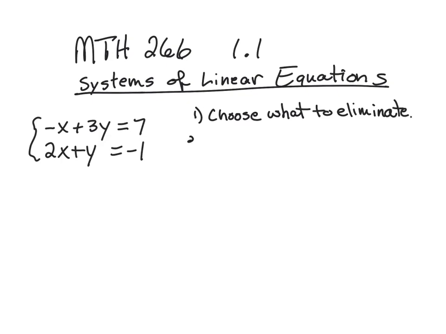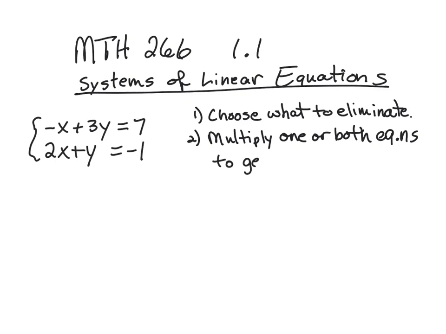You then want to multiply one or both equations by whatever number scalar multiple is necessary to get equal and opposite coefficients.